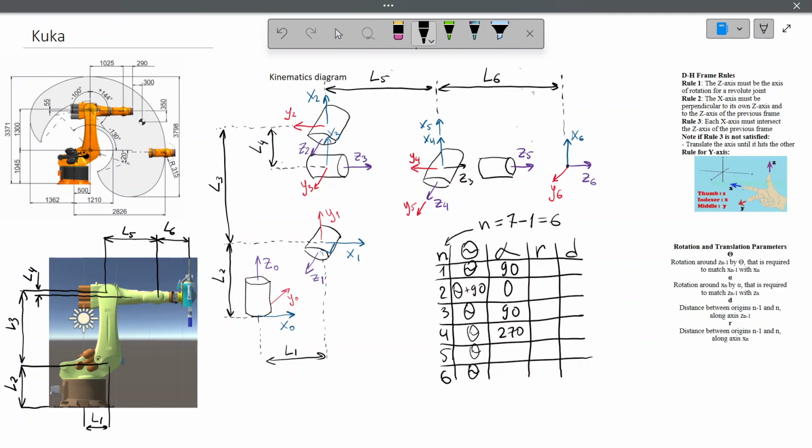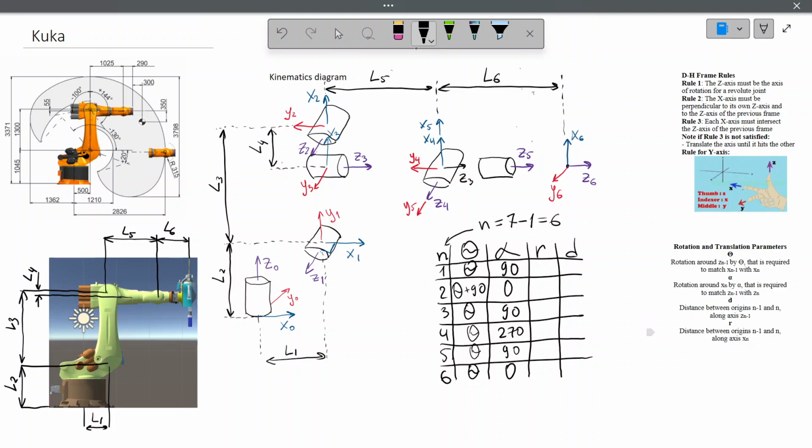Next, Z4, Z5. Take a look from X5 to match these two counterclockwise. It will be 90 degrees. Here we have 90. And here Z5, Z6, same direction, so we write 0.